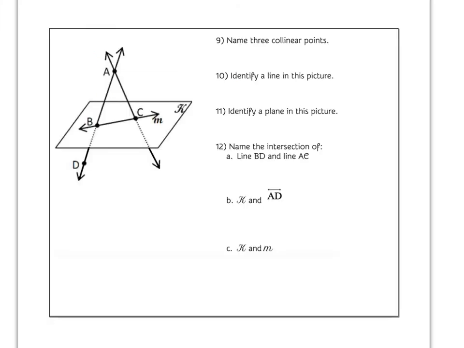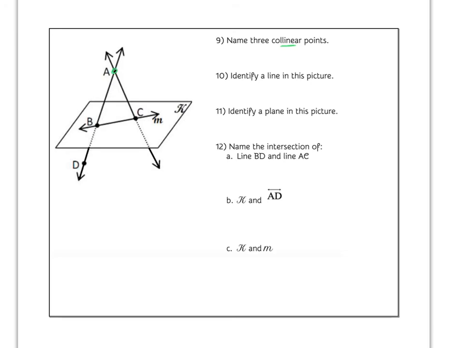Number 9, name 3 collinear points. Now remember, in collinear, I see the word line. So when we have to name 3 collinear points, we're looking for 3 points that are right in a straight line, right in a row. Take a look. Do you see 3 points that are in a straight line? I do.